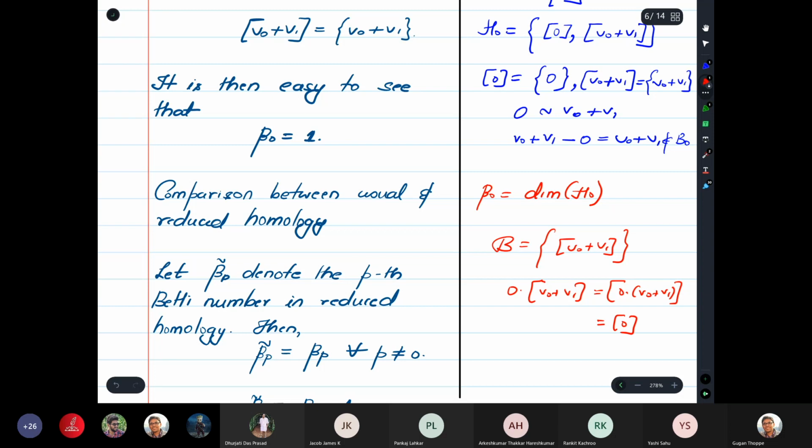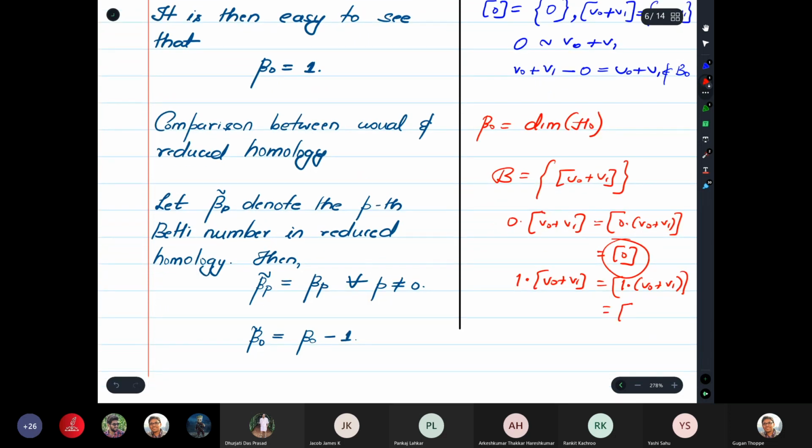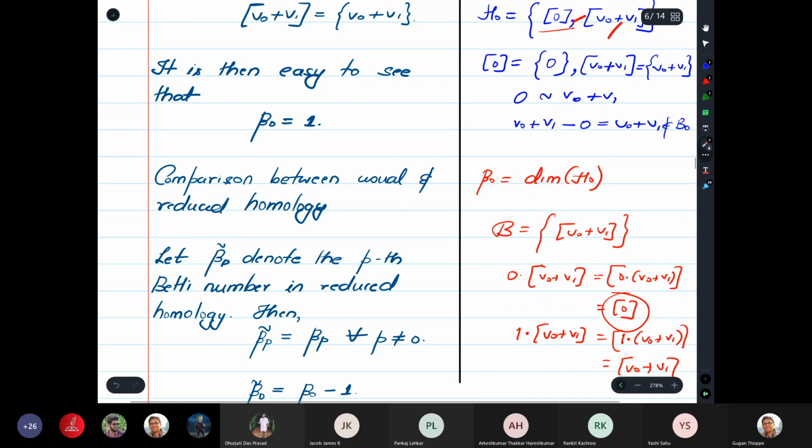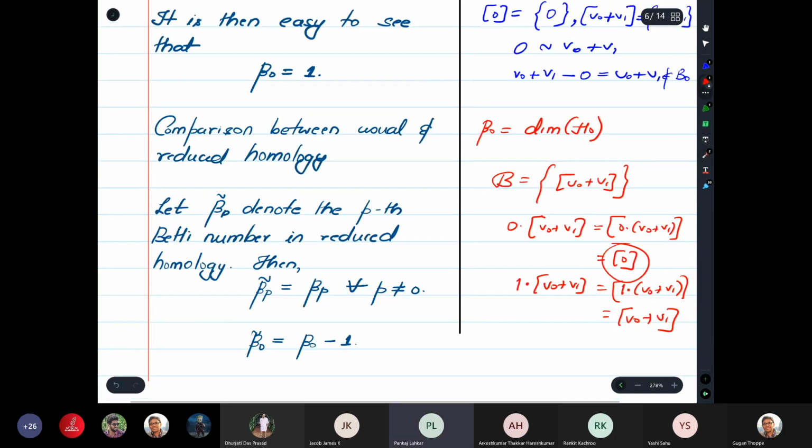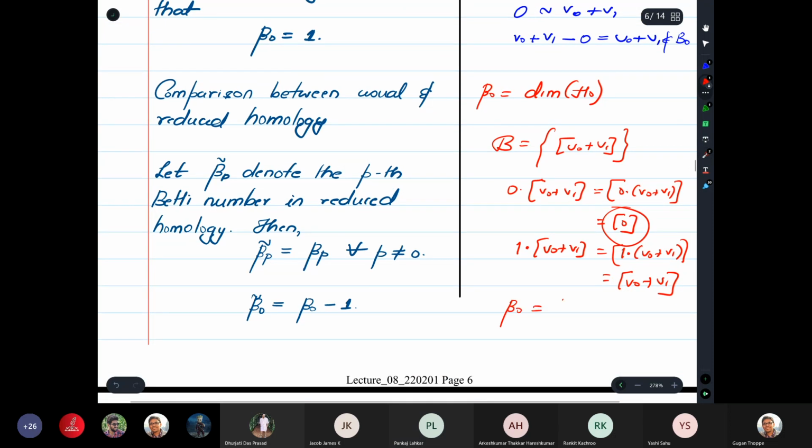And similarly, one times the class of V0 plus V1 is the class of V0 plus V1. Is this okay? So you can see that by using scalar combinations, you are able to create all these elements, and consequently, the dimension of H0 is 1. Thank you, Pankaj. Okay, so you can see that we managed to finally show that beta 0 is 1.